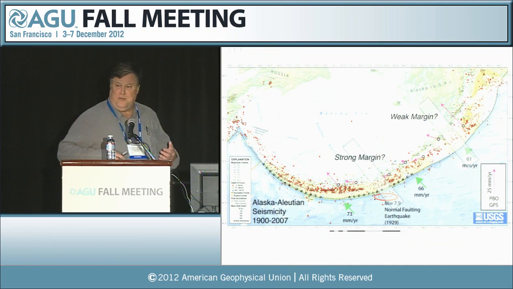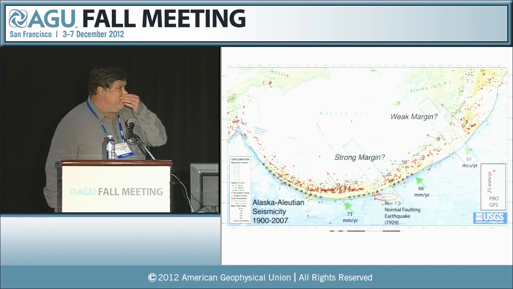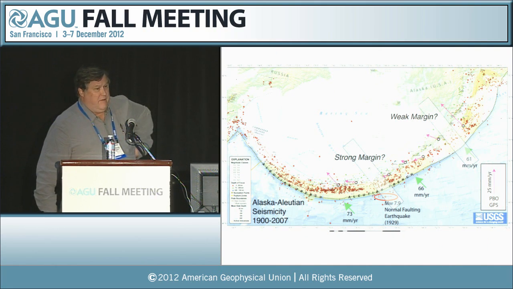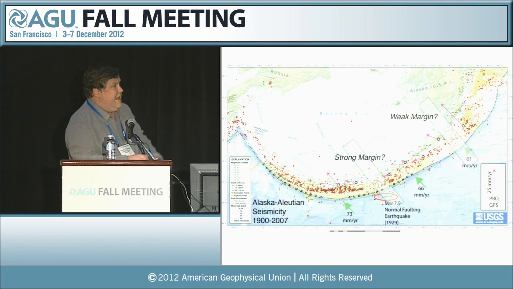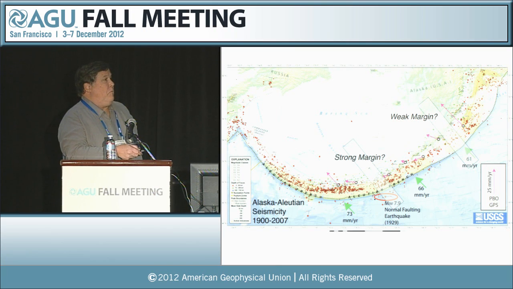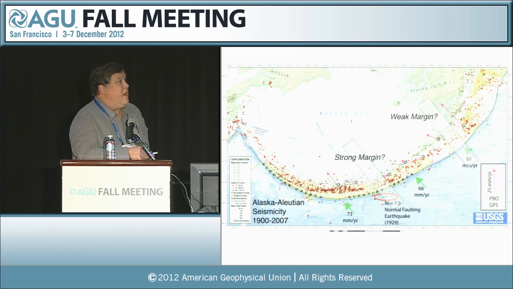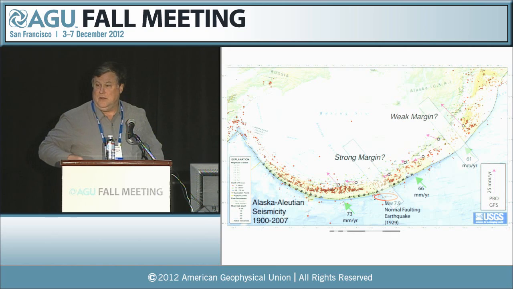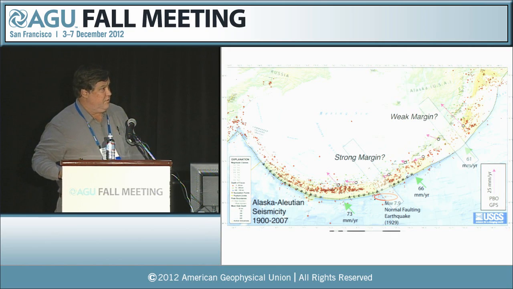If we then start thinking about how things can change, is there a motivation for that? Well, one of the interesting results that has come out of some of the PBO data collected in the Aleutian system is that there's a change from the eastern Aleutians up into Alaska, where we see ongoing displacements of the upper plate that are compatible with the model of the upper plate deforming.